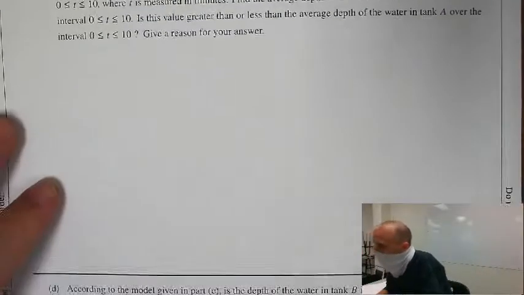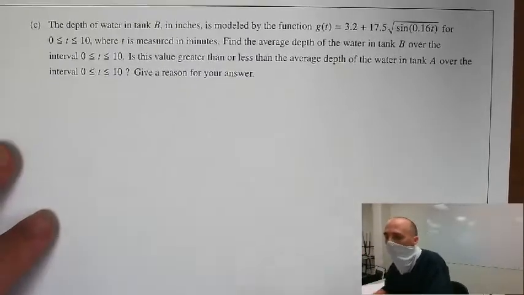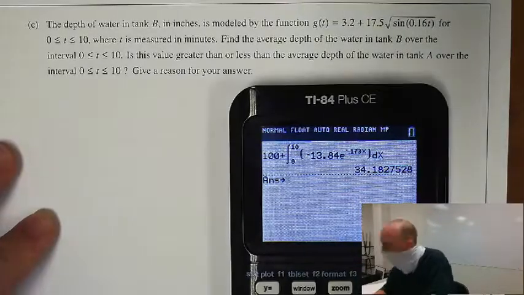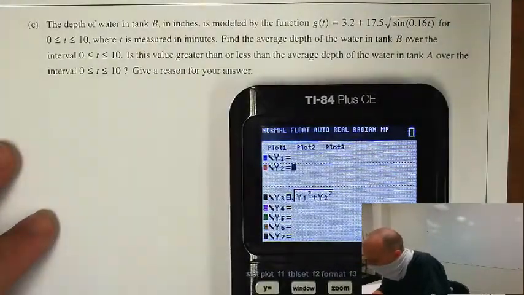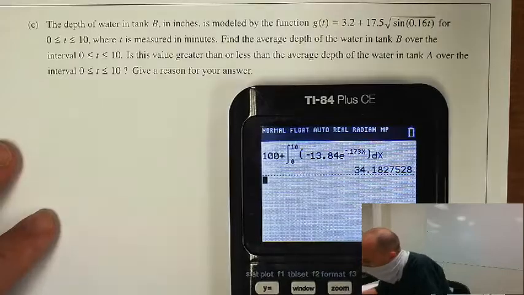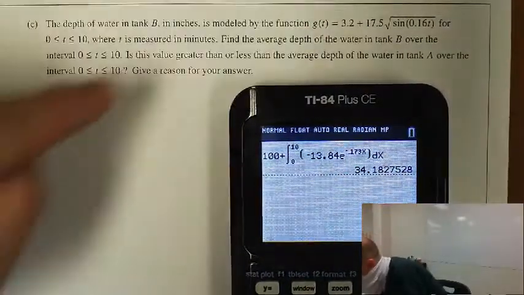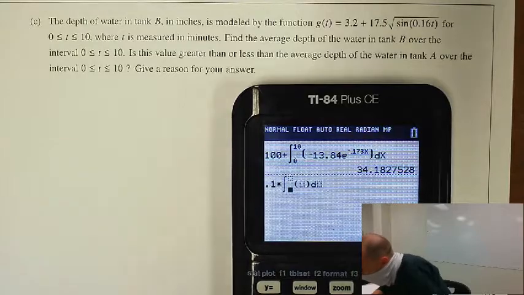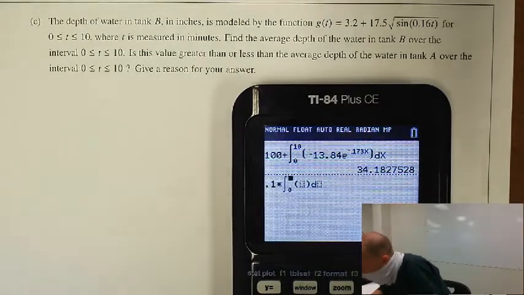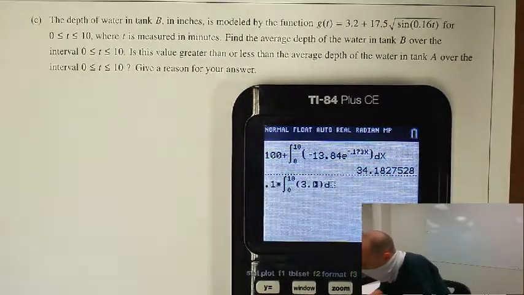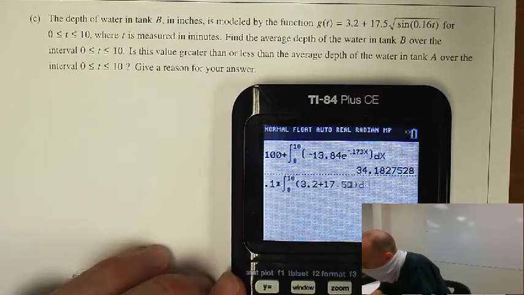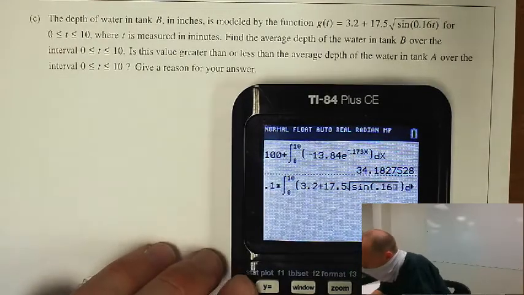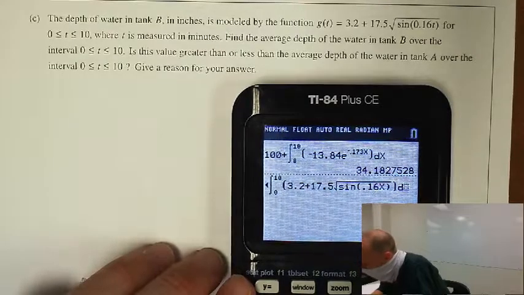The depth of the water in tank B, this is all the excitement in this question is here. So it's 3.2 plus, actually I don't need to graph this or anything. So I'm going to find the average value of g for 0 to 10. So 1/10 of the integral from 0 to 10 of this thing, 3.2 plus the square root of sine of, where do you even come up with these functions, you know?